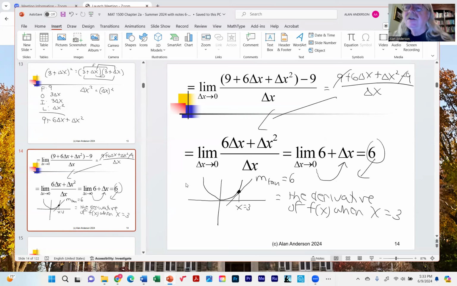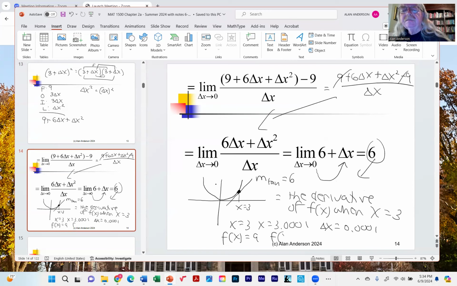So in other words, let's say I go from x equals 3 to x equals 3.0001. The change between the two is 0.0001, which means that the new value of f of x should be approximately 3 plus 6 times this change, and that's going to give me 3.0006.